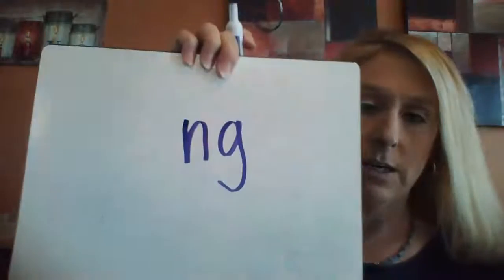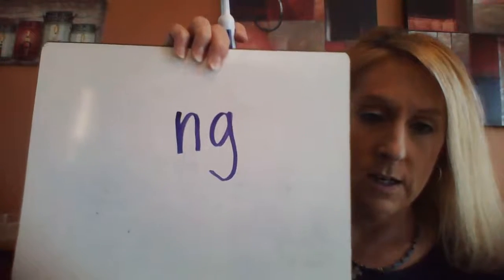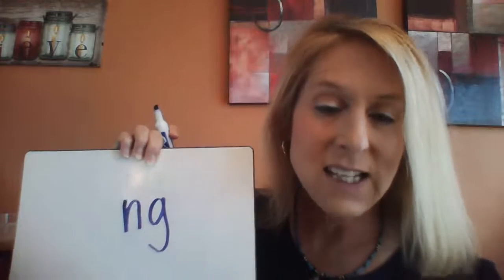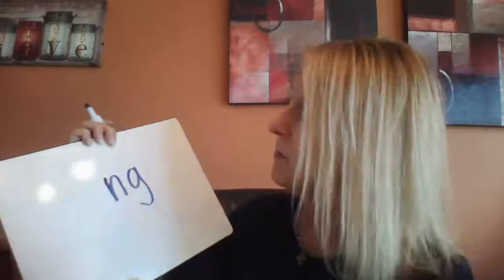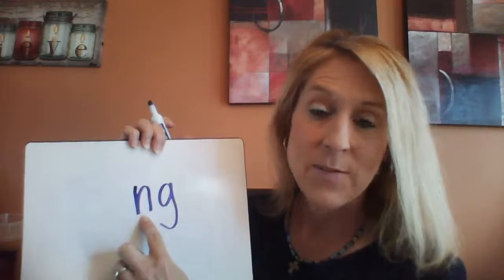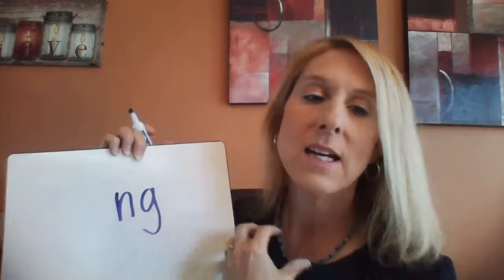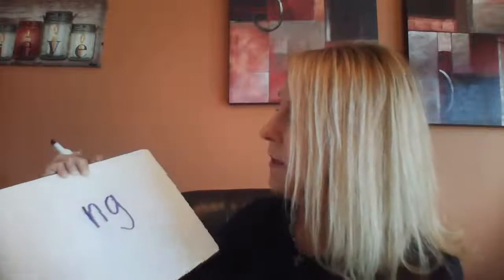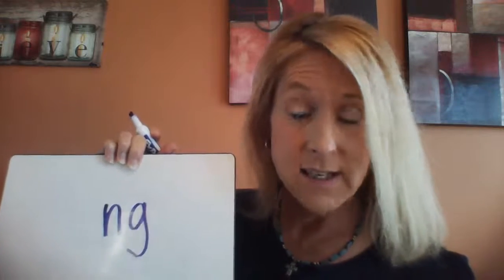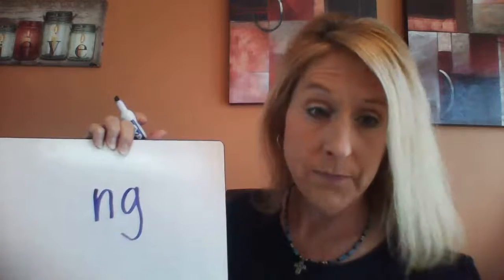So the letters that make that sound are N and G. It's not really an n, it's ng. We're not quite putting our tongue at the top of our mouth for an N, it's more in the back. An ng is always at the end of a word. It's never at the beginning.